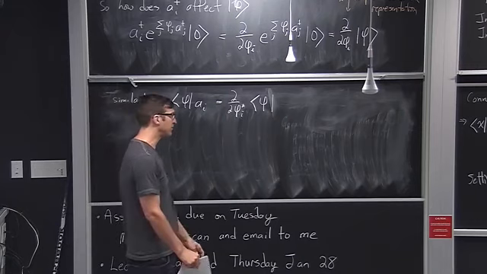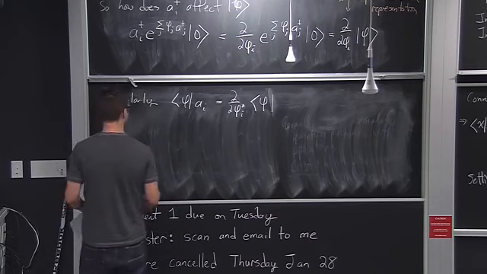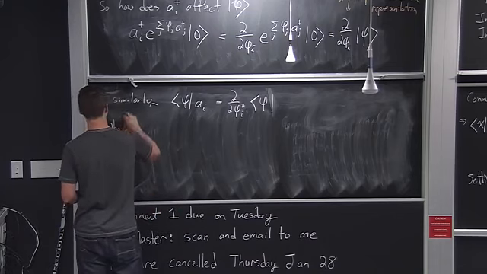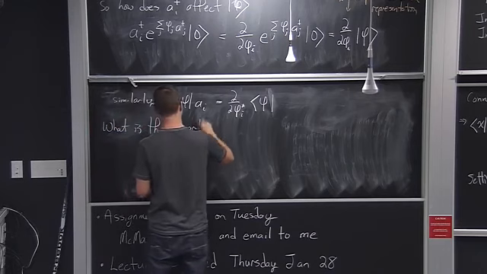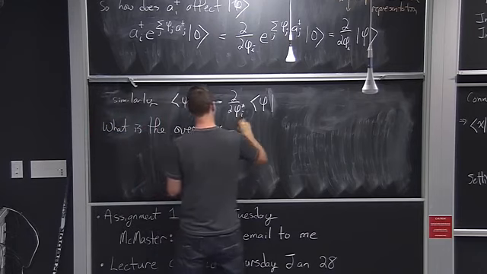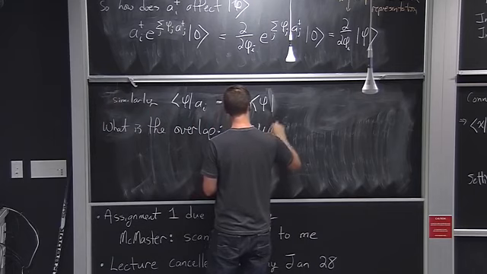What's the inner product of two states? Let me call them phi prime.